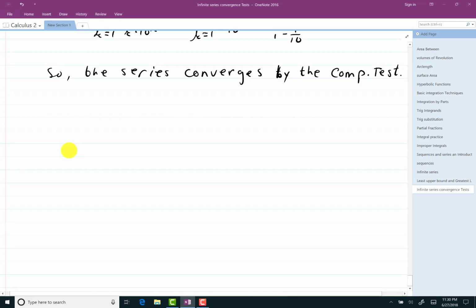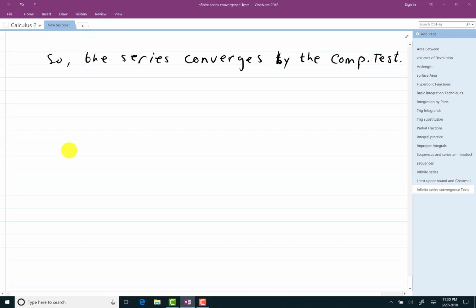The next test is called the limit comparison test. It's similar to the previous one, but just a little bit different.